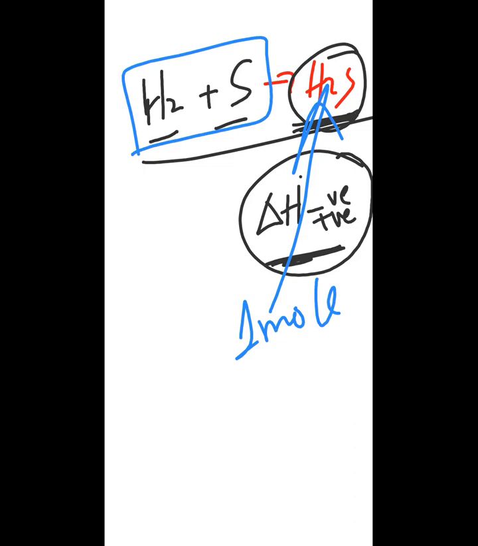You have to follow the standard condition, means the pressure should be atmospheric pressure, the temperature should be room temperature, and hydrogen should be there in a gaseous form. Hydrogen is gas at room temperature. The sulfur should be there in a solid form because sulfur is solid at room temperature. Now the enthalpy change is called enthalpy change of formation. Why?